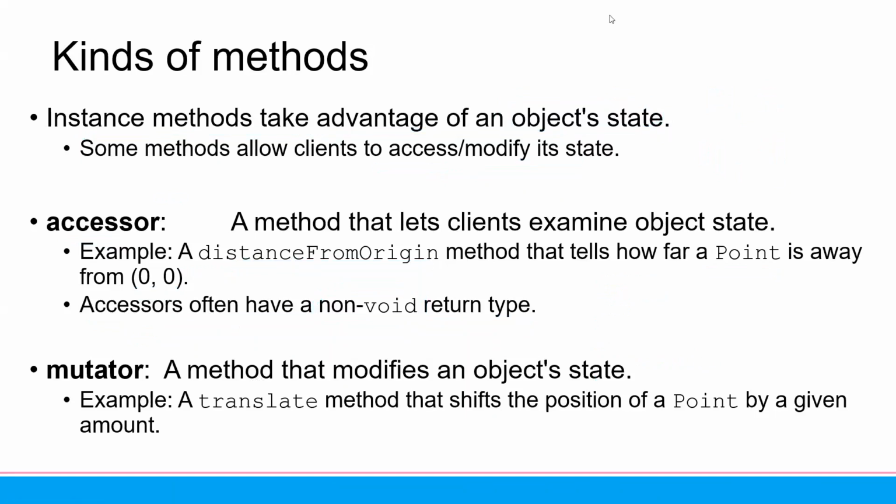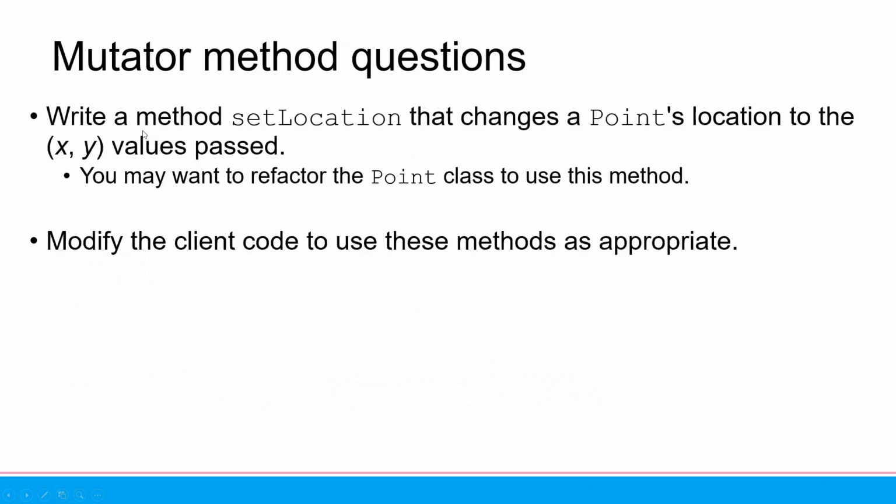Mutator, it will modify the object state. So the modification, like the translate method, will shift the position of a point by a given amount. Whether it is an accessor or mutator, you can define it by yourself. We can have another kind of method. For example, I want to know the current location and I want to set a new location.